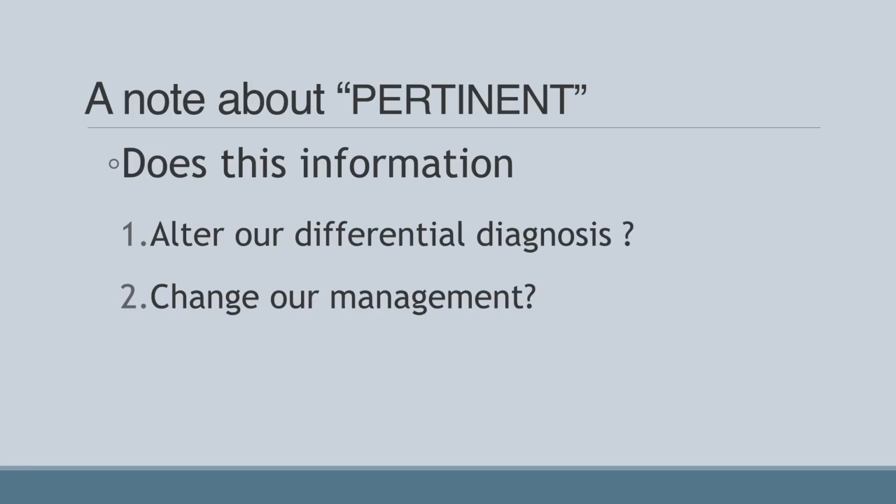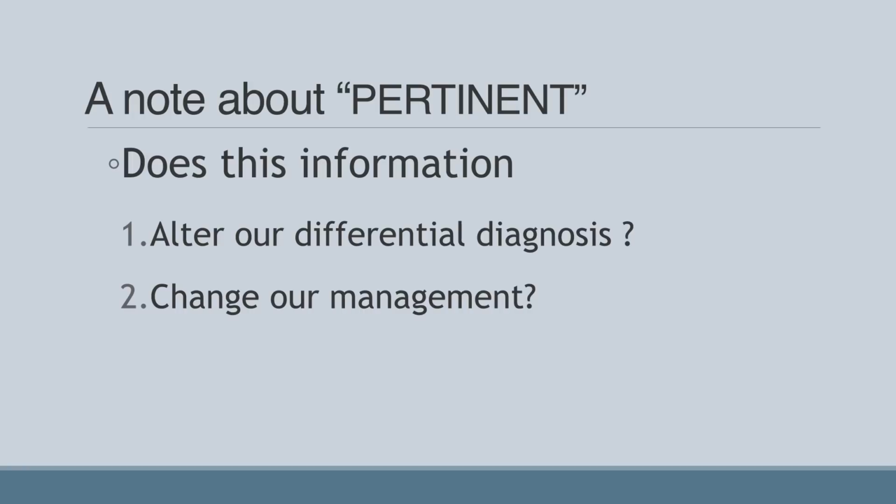I know we touched a bit on pertinence or relevance before, but I think it's such an important concept that I really want to hammer it home. When we talk about things like pertinent negatives or pertinent findings, what we're really saying is, does this information change our differential diagnosis, or does this change the way we will manage our patient?